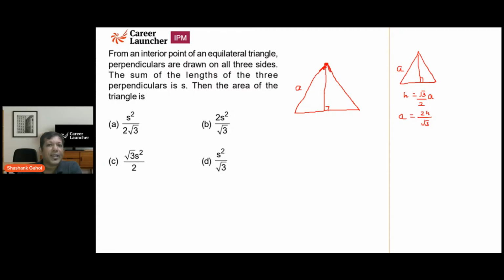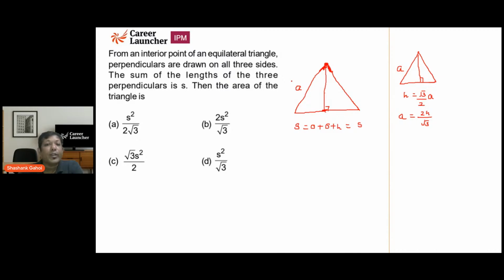This point to this line, what is the length of perpendicular? That is 0. This point to this line, what is the length of perpendicular? That is going to be h, right? And the sum of all three perpendiculars is going to be S, and that is equal to 0 plus 0 plus h. So that is equal to h itself, right?